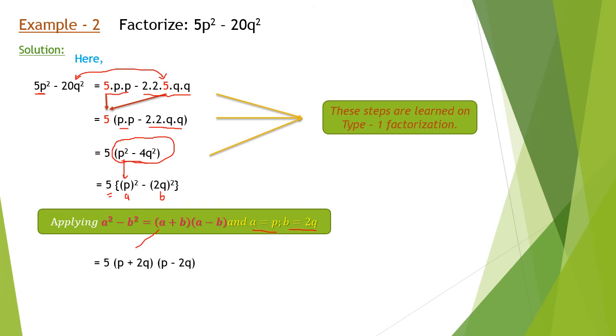You can see a is p and b is 2q. This is our answer. Therefore, first separate the common part, then you can apply the concept which we have just learned in this video. Okay, let's quickly move to another.